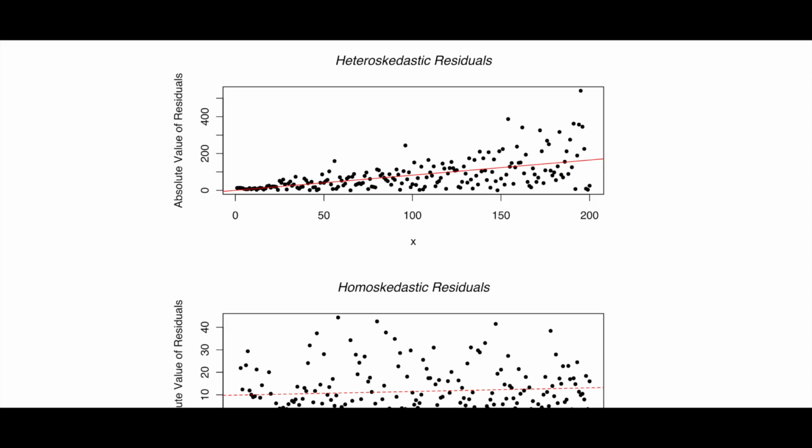When we have a heteroscedastic result, as you can see in the top, the error terms will get further and further apart as the regression goes along. And so what does this mean? This means that the result is becoming less reliable as the regression continues, and also that there's probably some omitted variable that's causing the regression to get wider and wider as it goes along, right?